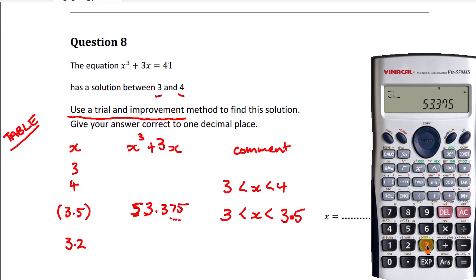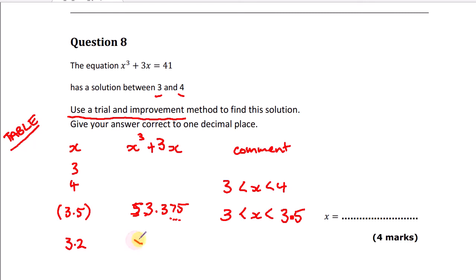So what you can do is put 3.2, do shift, store into the value x, press equals, and now rather than having to retype my formula, I can go back up, select the calculation, press equals, and it now tells me my new number, 42.328.